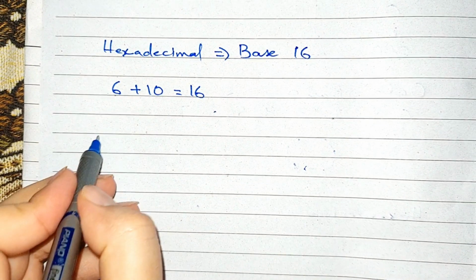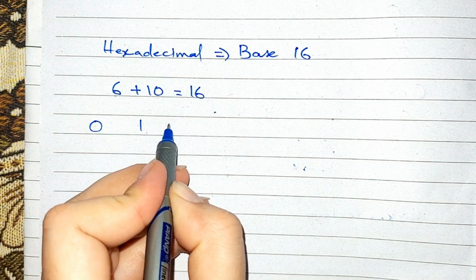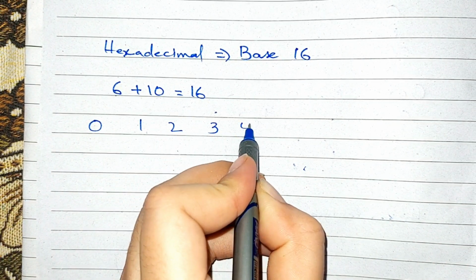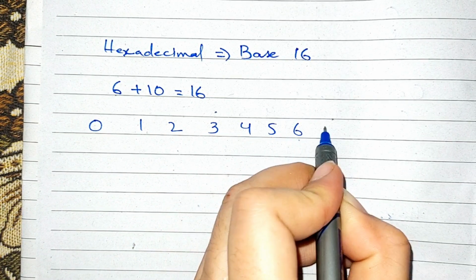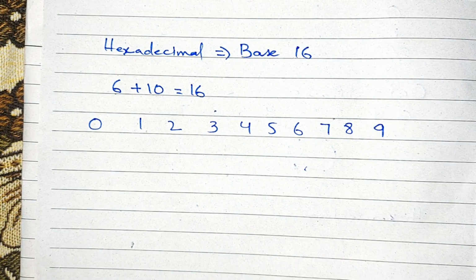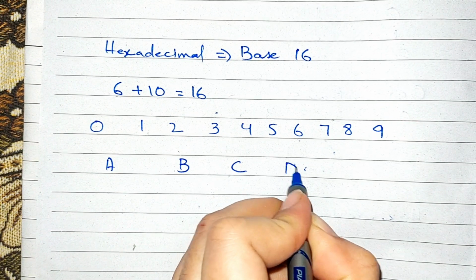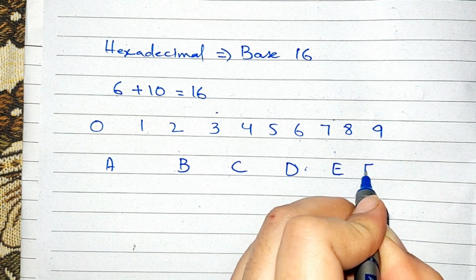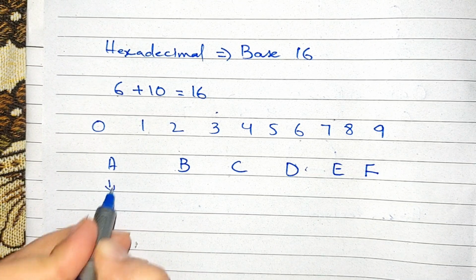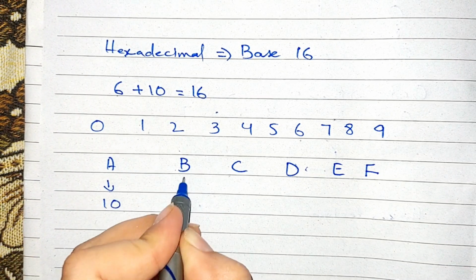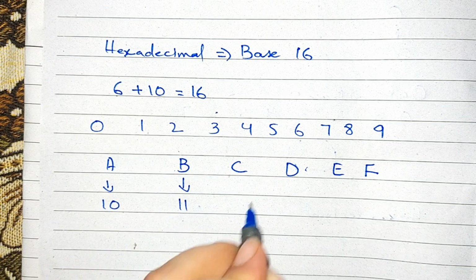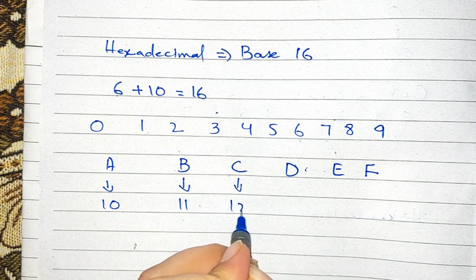So we can write the numbers here: 0, 1, 2, 3, 4, 5, 6, 7, 8, 9. So we have all 10 numbers of the decimal number system, but we also have 6 letters which are A, B, C, D, E and F. So here A corresponds to 10, B corresponds to 11 and C corresponds to 12.